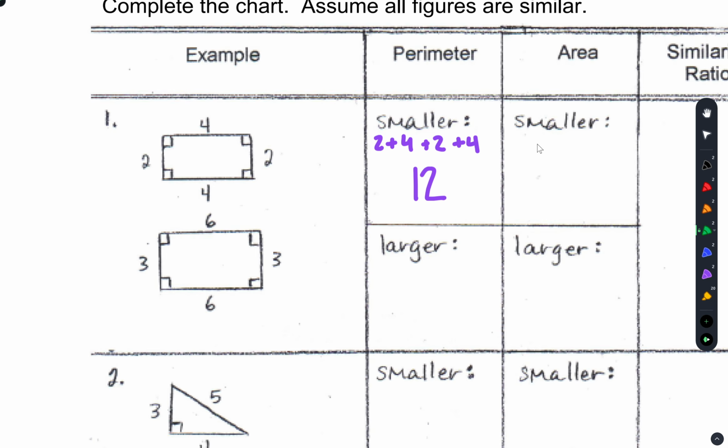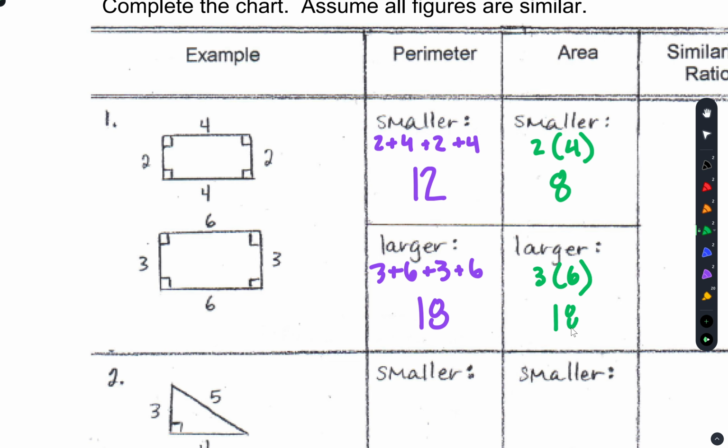And then the area of this shape, 2 times 4, is 8. Same thing with my larger shape. My perimeter is 3 plus 6 plus 3 plus 6, which is 18. And then the area of this shape, 3 times 6, is also 18.